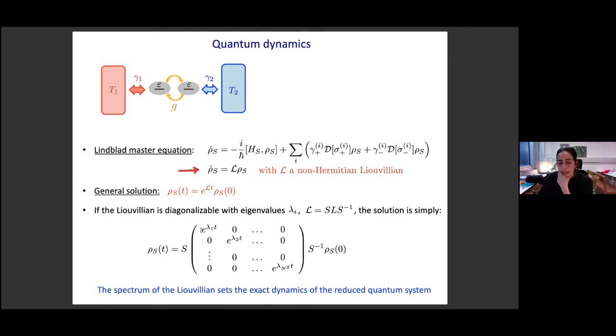And if there is one eigenvalue equal to 0, then rho_S of t does not depend on time, and it's given by S^-1 rho_S. You do the matrix products, but this corresponds to the steady state.